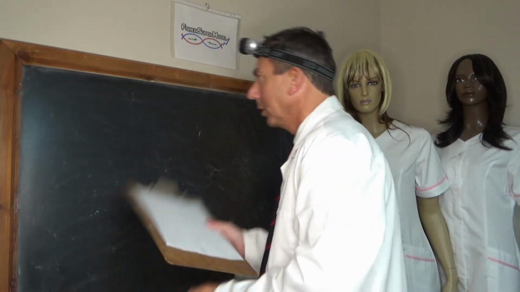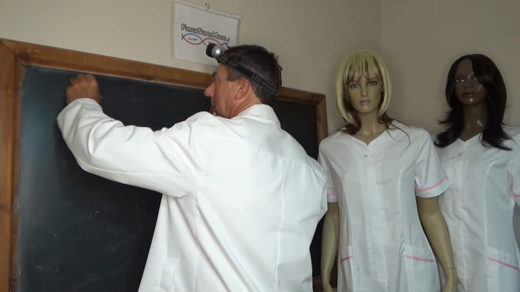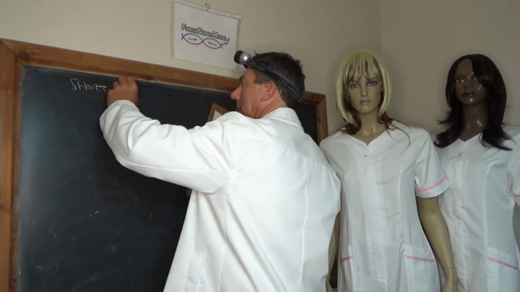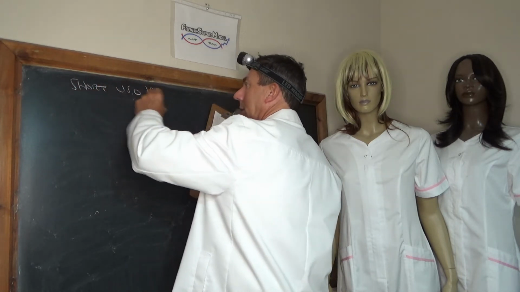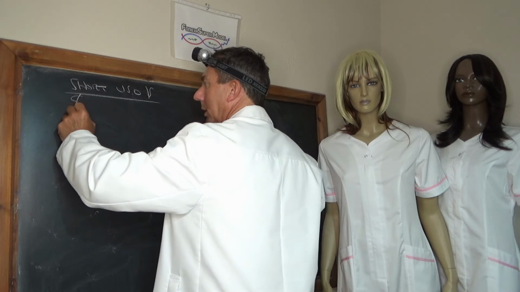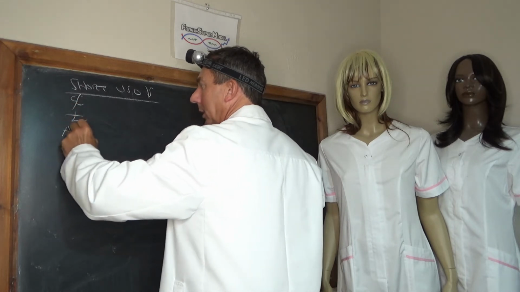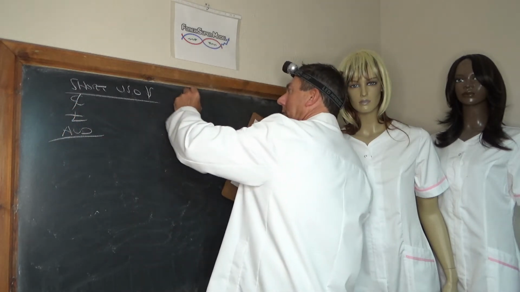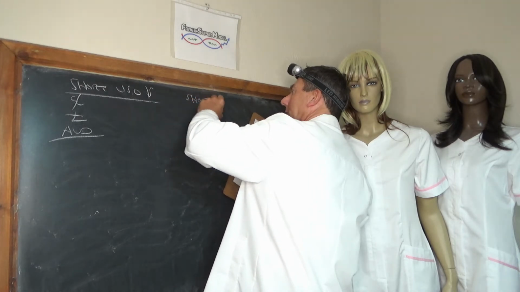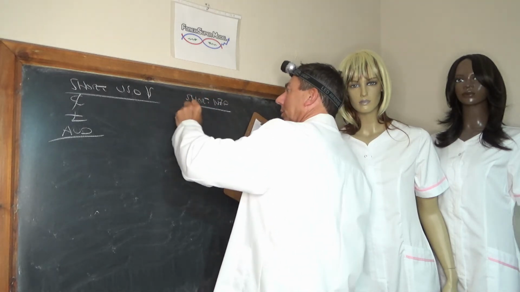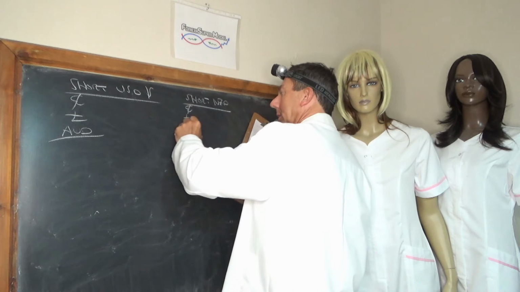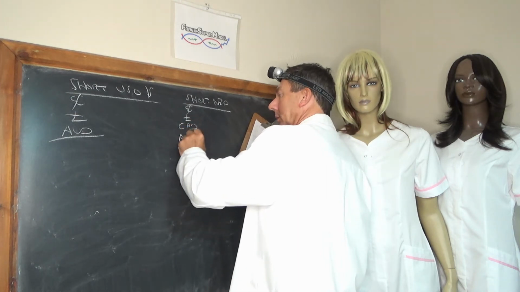So as I said, we're short USD versus the euro, the pound and the AUD, and we're short NZD against euro, pound, CAD, AUD.